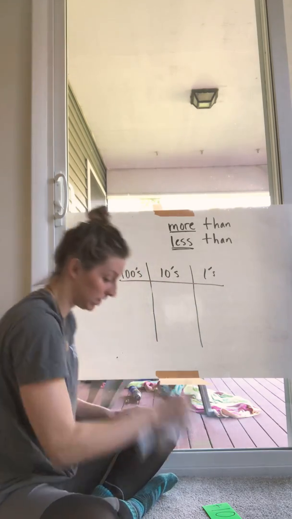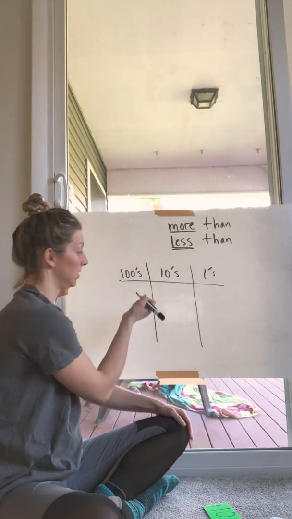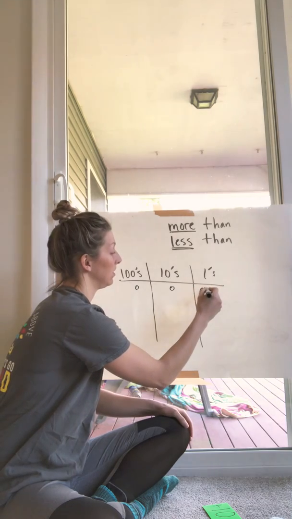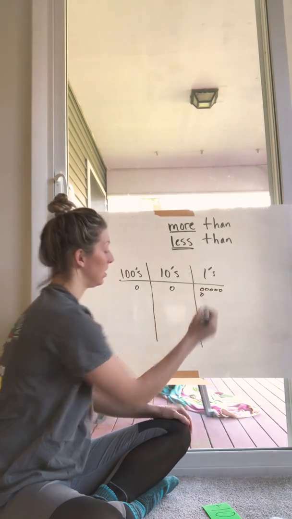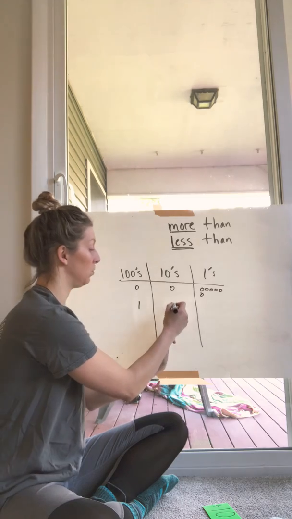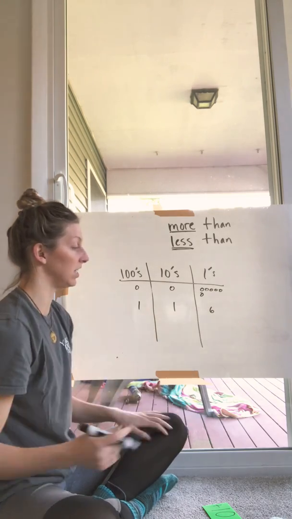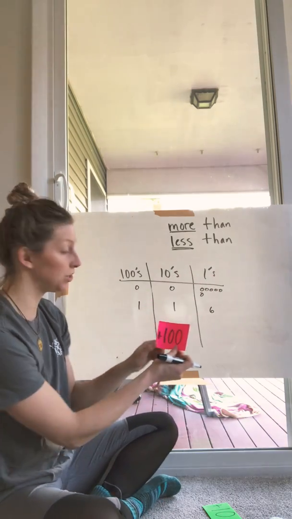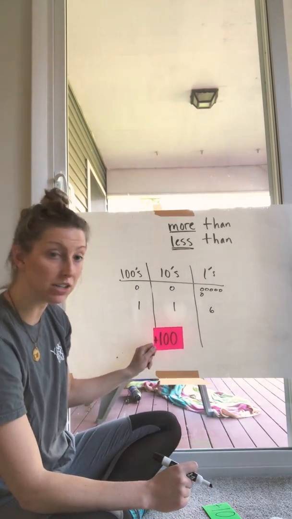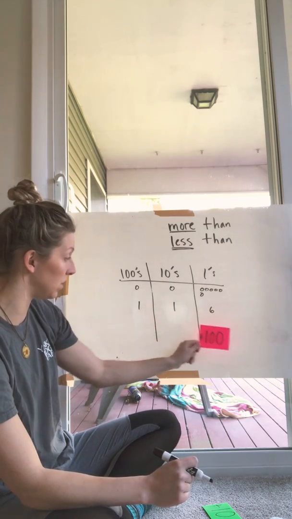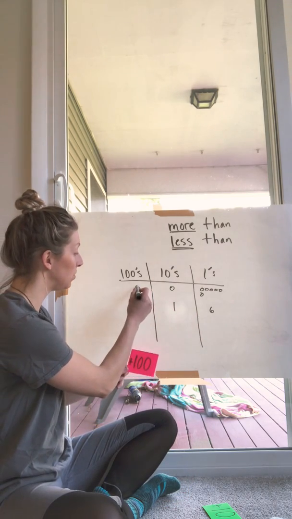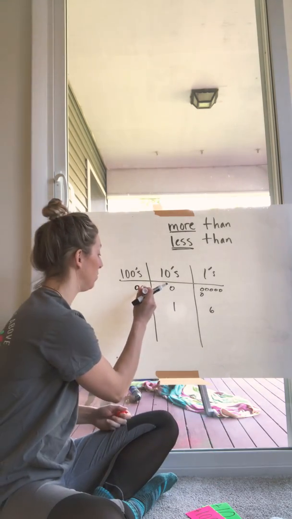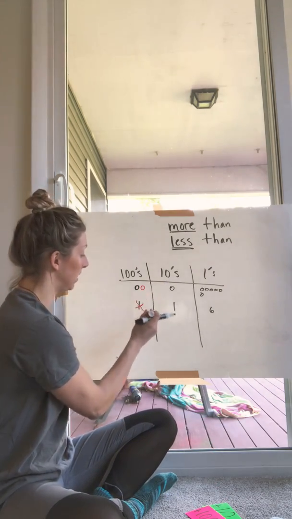Now let's say I had 116. So it's 100 and 1 ten and 6 ones, 116. If I wanted to add 100, which place value am I going to change? Is it going to be the hundreds place, the tens, or the ones? Yes, the hundreds. So I'm going to add one more, and that 1 becomes a 2.